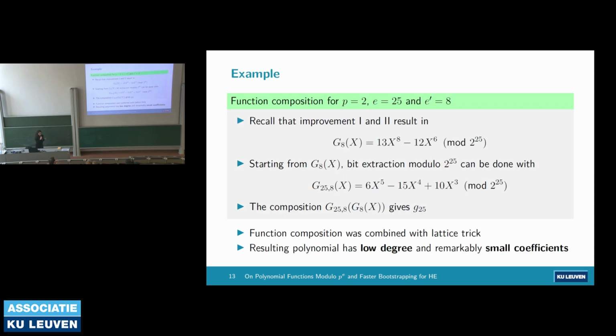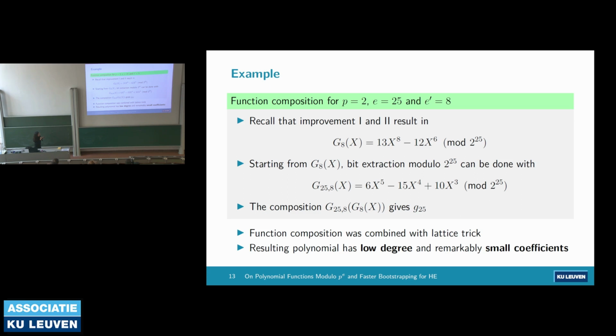Again, we have an example. Consider doing the digit extraction function modulo 2 to the power of 25. It can be done in 2 steps. Step 1, we use the digit extraction function modulo 2 to the power of 8. Step 2, we use this representation over the subset, which has really low degree, degree 5.